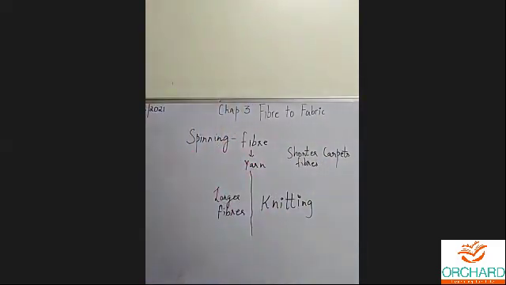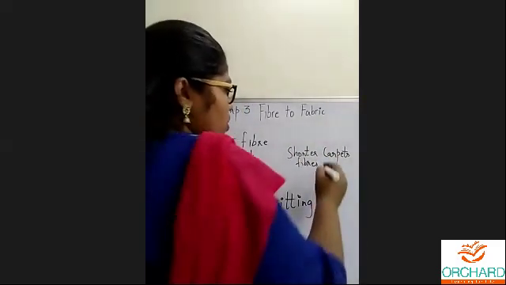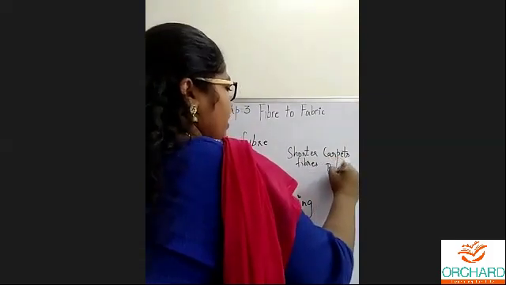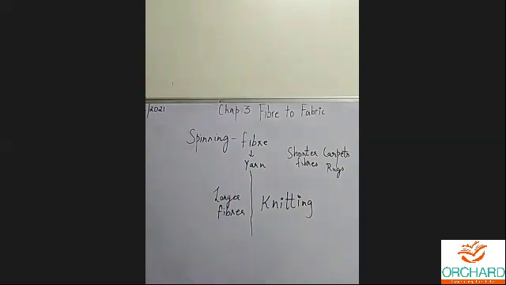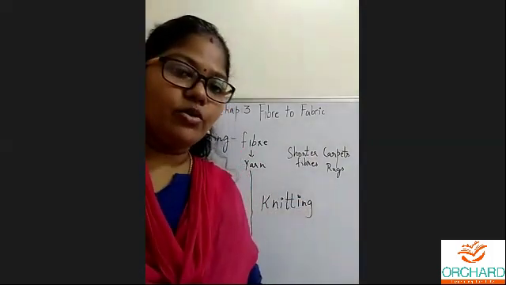So carpets, or small woolen clothes or rugs, are made from the shorter woolen fibers. So this is all about the journey of fiber to fabric.